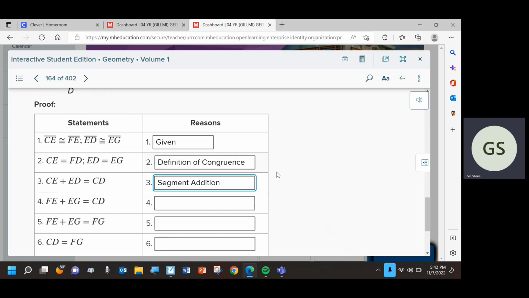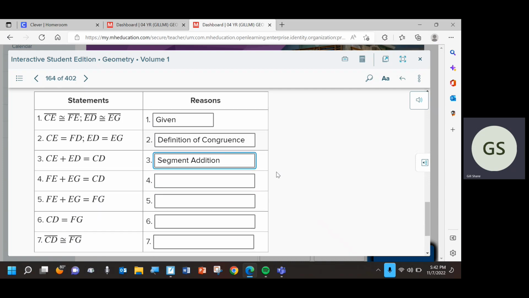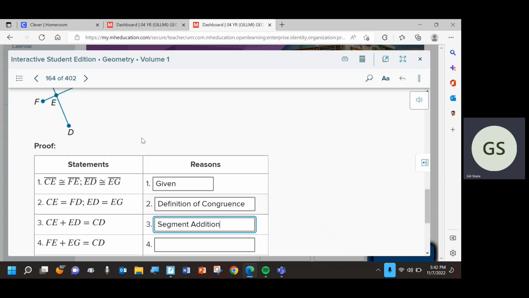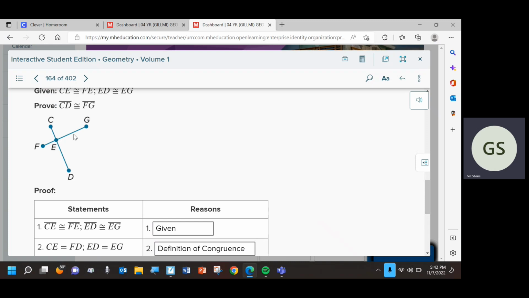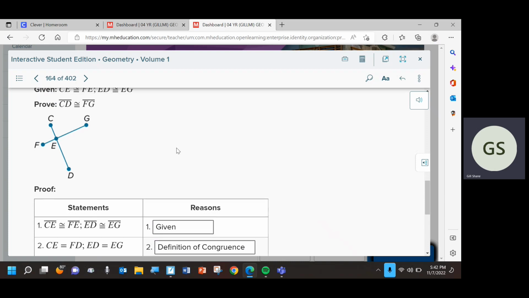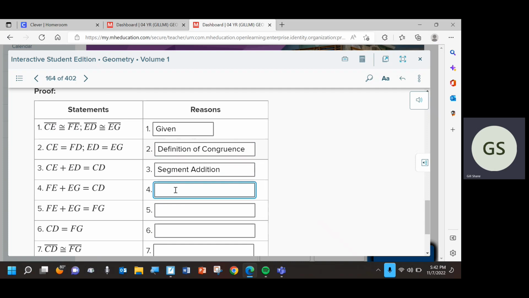Segment addition is all I'm going to write there. Now let's look at the FE plus EG. Well, FE plus EG equals FG. Again, same thing. I don't know why they wrote it on 2 different lines this time. Segment addition again.